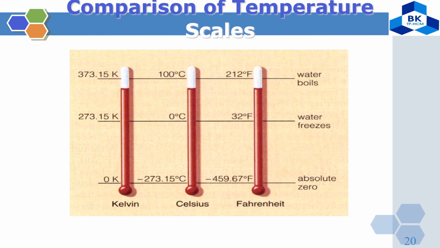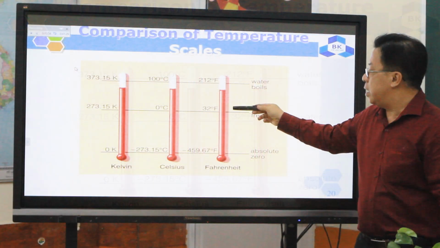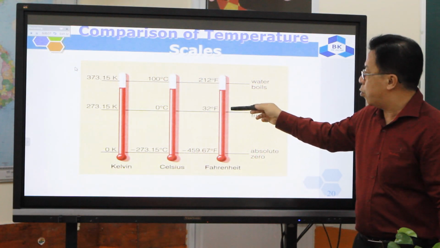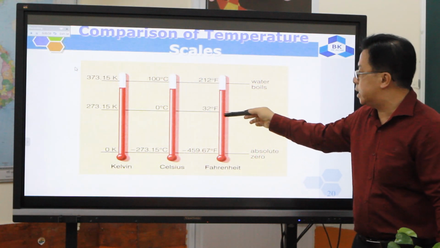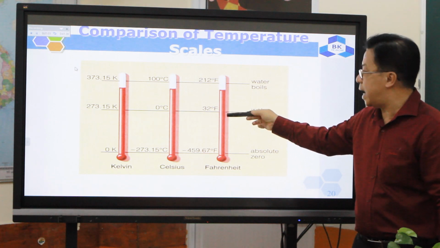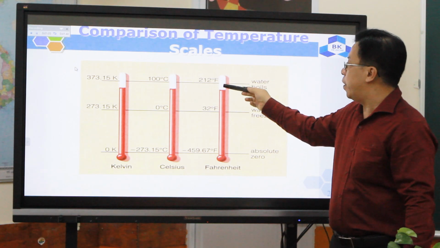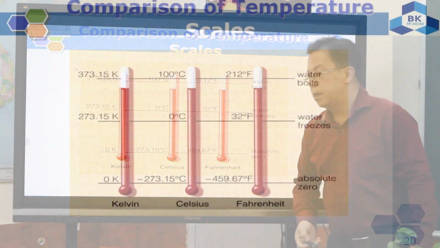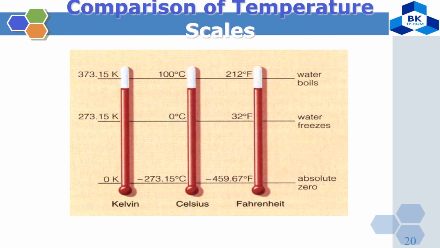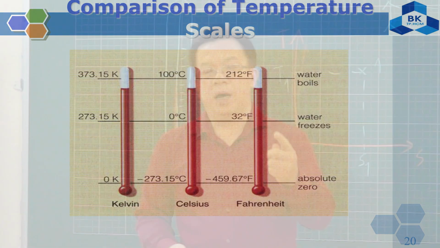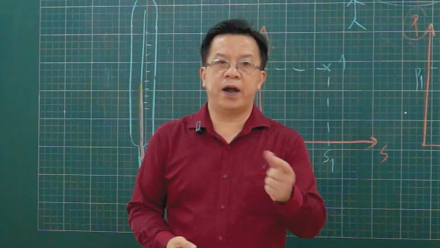But in Fahrenheit, the water will start to solidify, or change phase, at 32 degrees Fahrenheit, and it will boil at 212 degrees Fahrenheit. So there is a difference between the Celsius degree and the Fahrenheit degree.